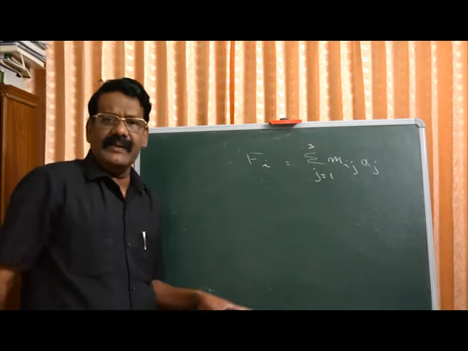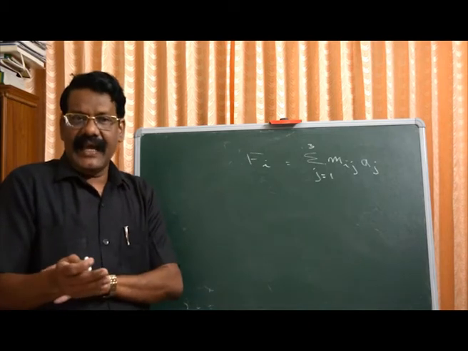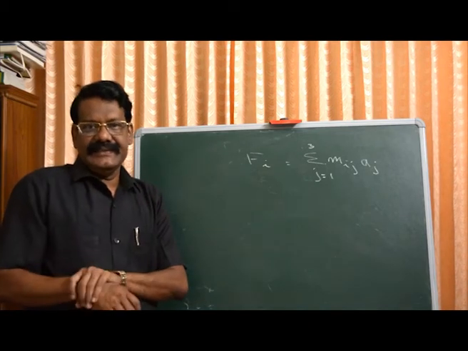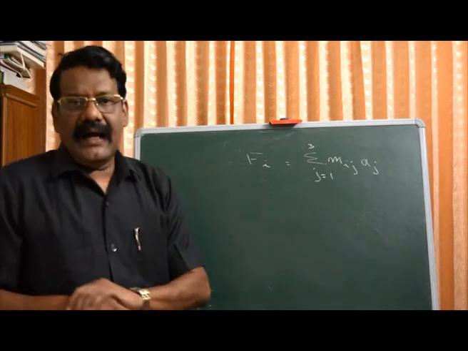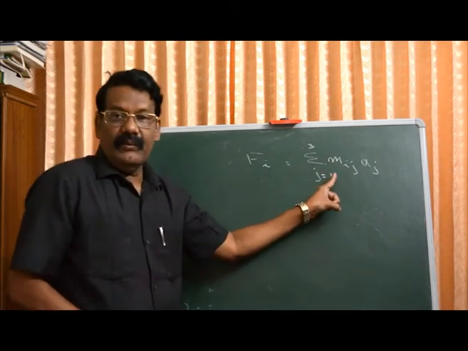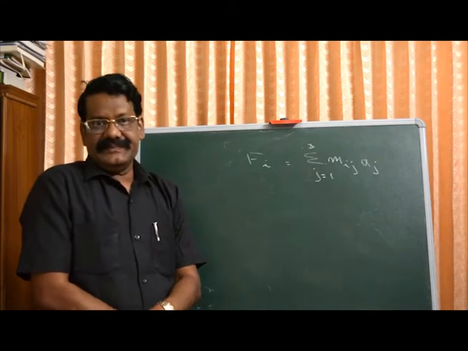Only for simplification, I changed my notation. Instead of x, y, z, I am writing 1, 2, 3. Right? After some time, I will pass over from 1 to 3 to 1 to n.